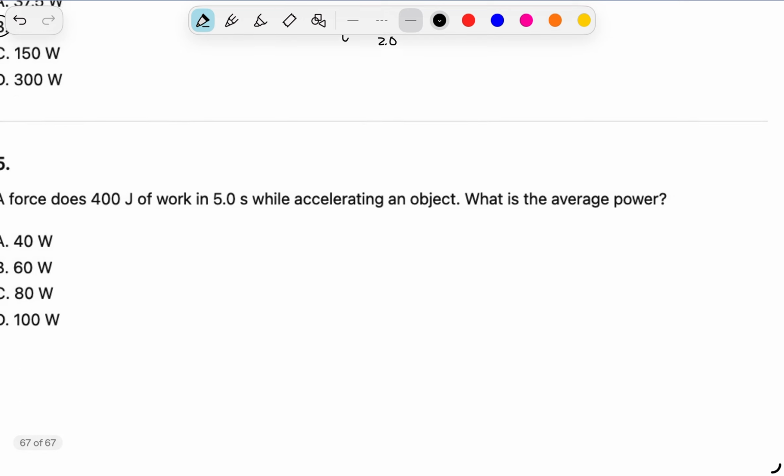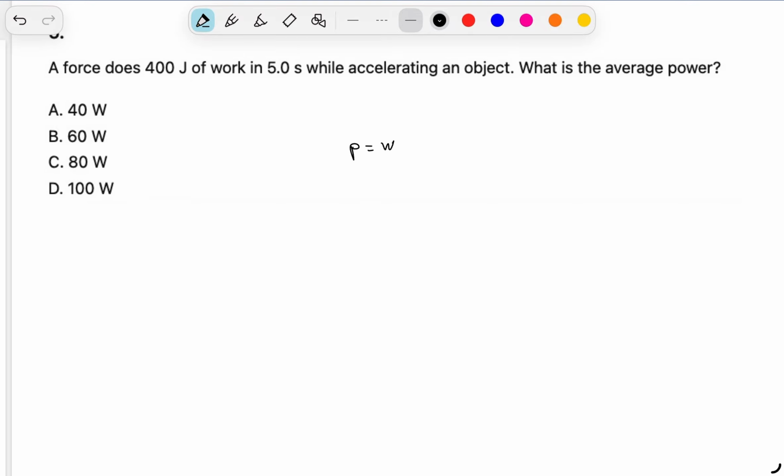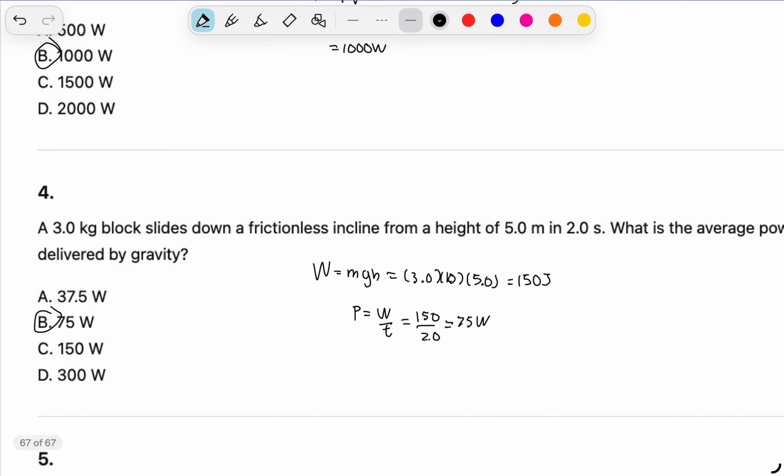Your answer is going to be B. A force does 400 joules of work in 5 seconds while accelerating an object. What is the average power? Your answer is C.